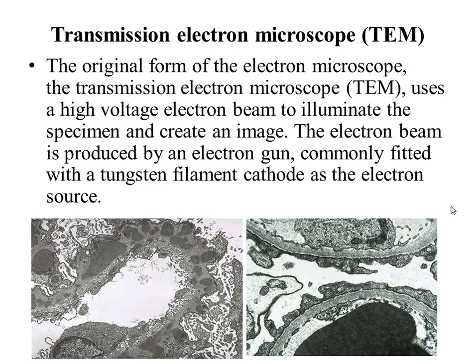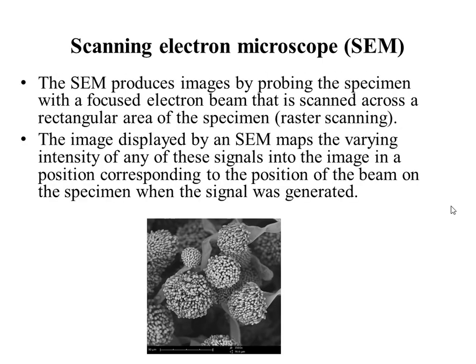Transmission electron microscope. The original form of the electron microscope used a high voltage electron beam to illuminate the specimen and create an image. The electron beam is produced by an electron gun, commonly fitted with a tungsten filament cathode as the electron source.